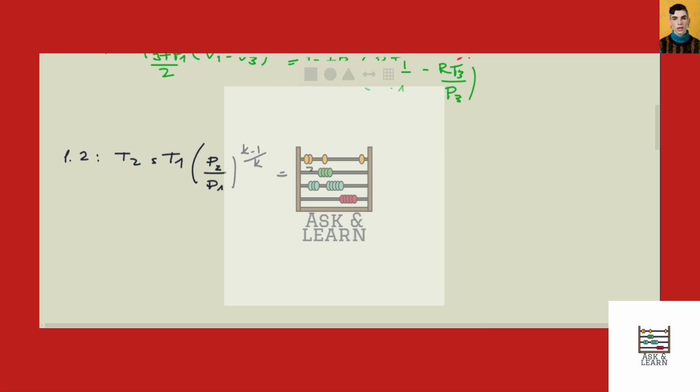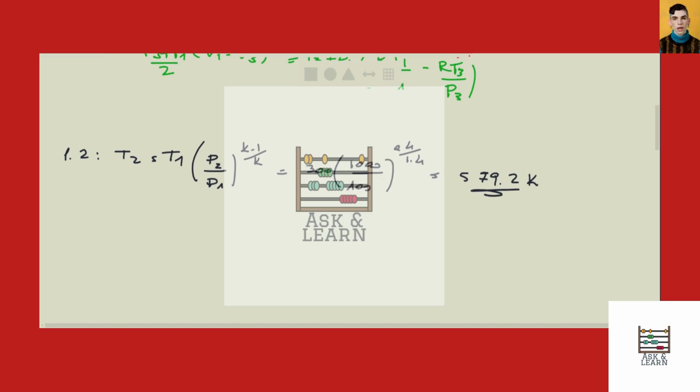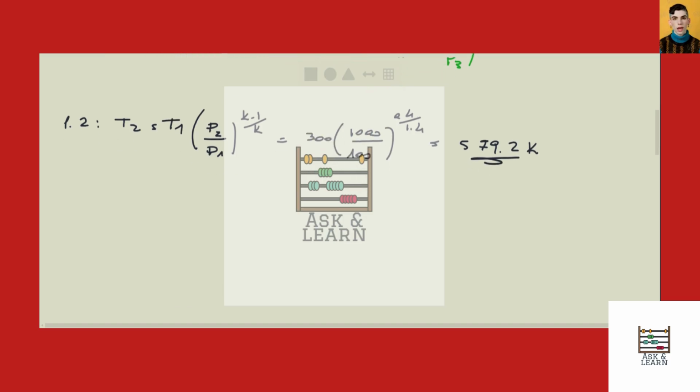Therefore, what we have is 300 that multiplies 1000 divided by 100 to the power of 0.4 divided by 1.4. Calculating this, we find that the temperature 2 is 579.2 kelvins.